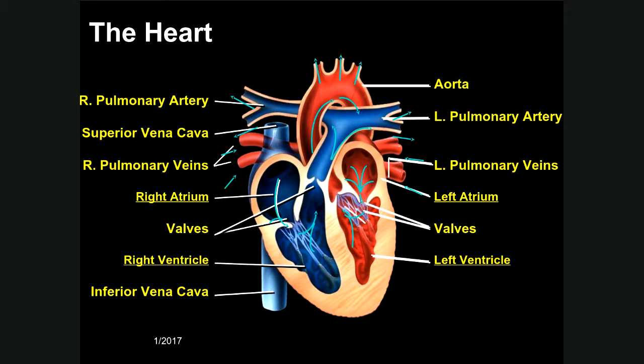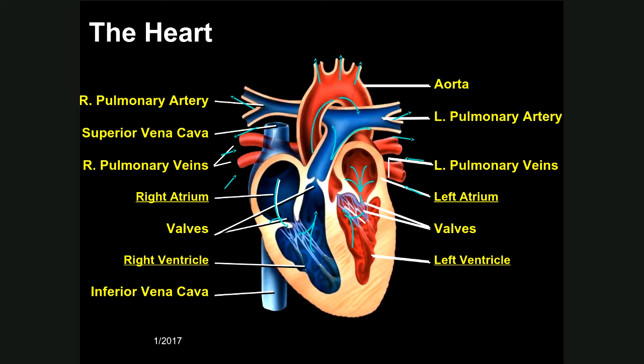Here we have a picture of the heart that shows the right pulmonary artery, which is going away from the heart. Remember, all arteries go away from the heart, and you have the right pulmonary artery leading away.